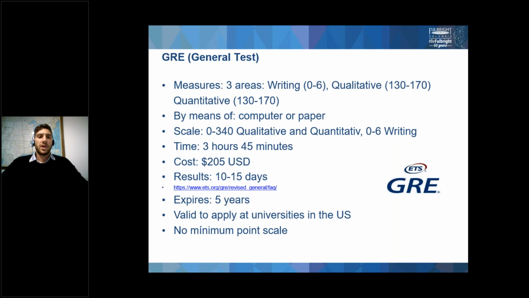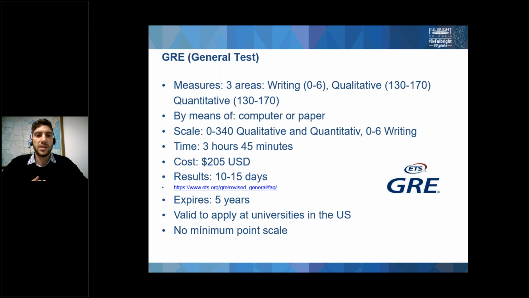Now let's talk about the GRE test. The GRE measures 3 areas: writing, which is 0 to 6, qualitative, 130 to 170, and quantitative, which is 130 to 170. This is by means of computer or paper. There are a few institutions that do it by paper, I believe in Barranquilla.